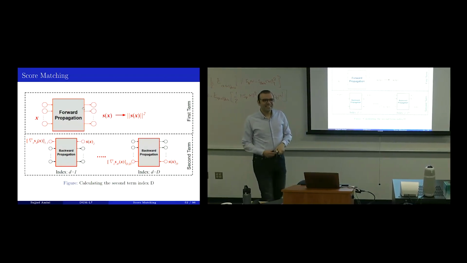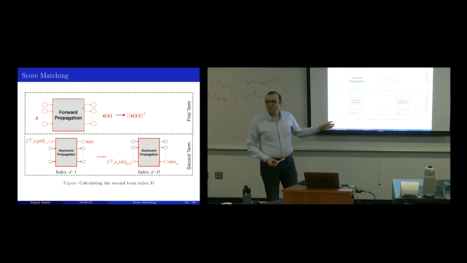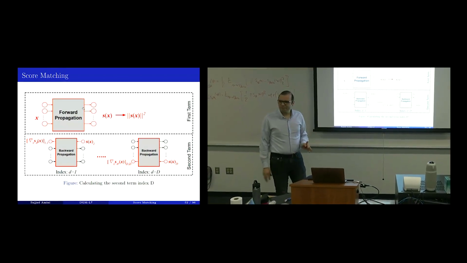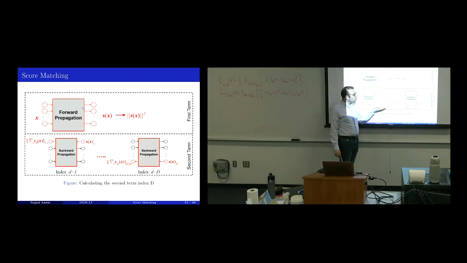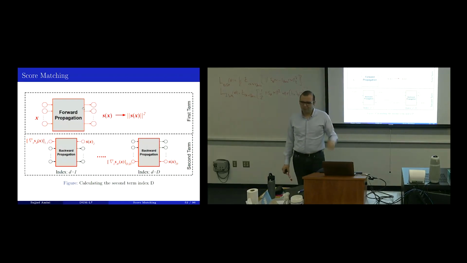Yes? Size of the input. Yeah, the size of the input changes the number of backpropagation you need to calculate the loss. We do not talk about the gradient. The gradient is another problem. But even to calculate the loss, you need to do the backpropagations. It means that, assume that you are in the, for example, 1,000 by 1,000 images.